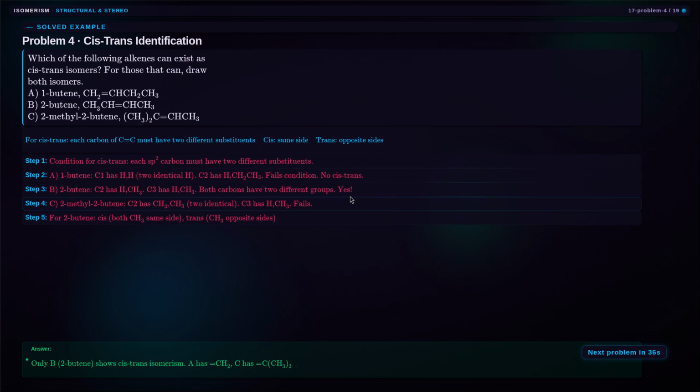This fails. No cis-trans isomerism. Step 5. Only 2-butene shows cis-trans isomerism. Cis has both CH3 groups on the same side. Trans has CH3 groups on opposite sides. Answer. Only B, 2-butene, shows cis-trans isomerism.